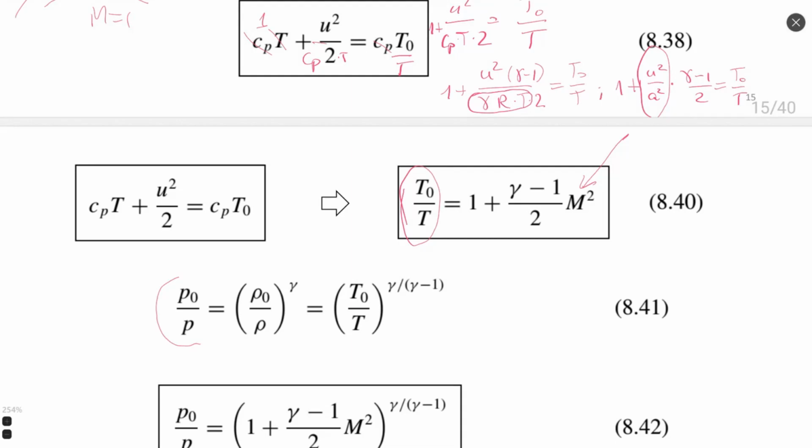Why is this interesting for us? Because we have a relation on temperature between the stagnation point and any arbitrary point as a function of just a dimensionless criterion of the flow, the Mach number.